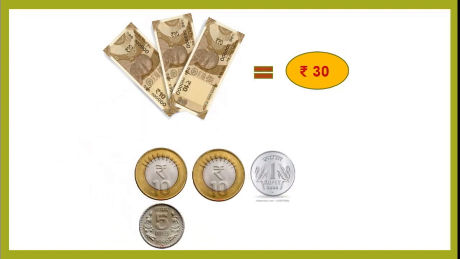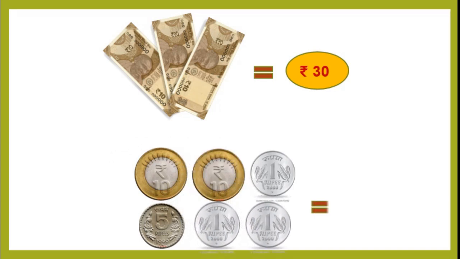We have to find out the total amount. Okay, now we will count. See, this is 10 rupee note. This is also 10 rupee note. Means 10 plus 10, 20 plus 5, 25. This is 26, 27, 28. Isn't it? So, I am having rupees 28.